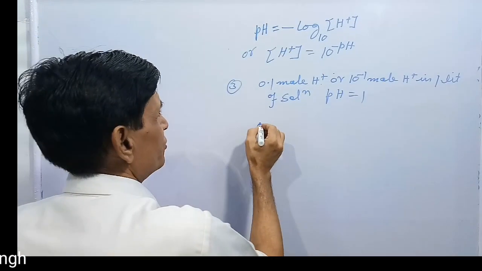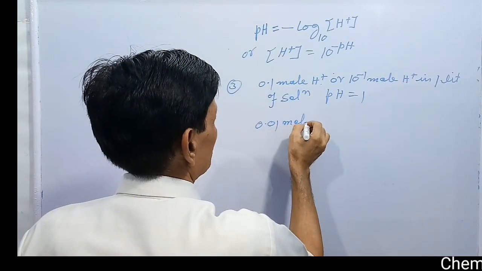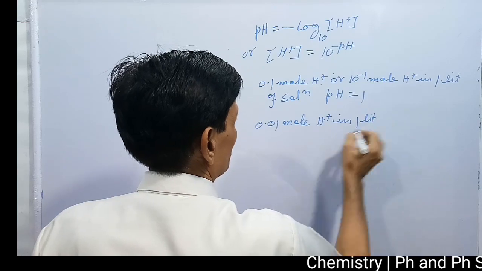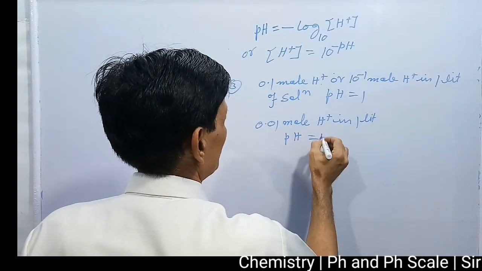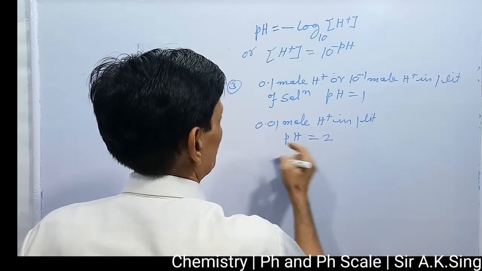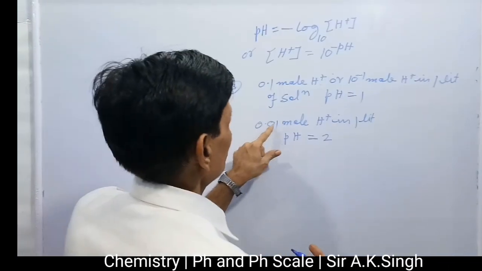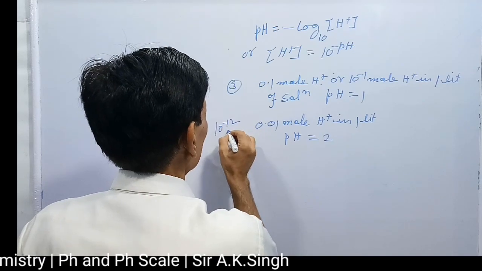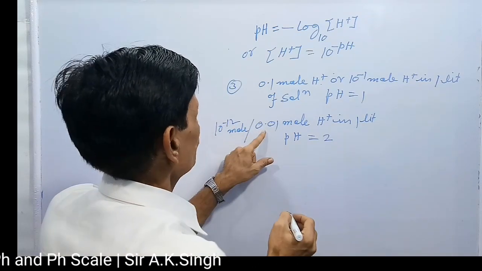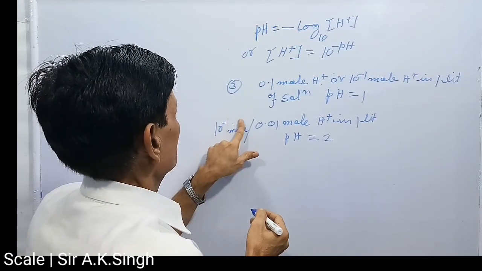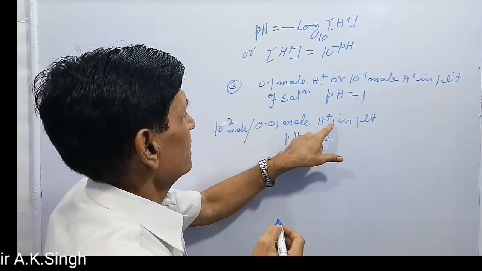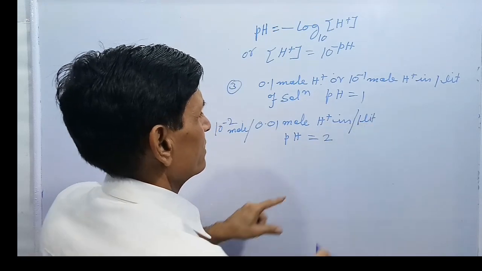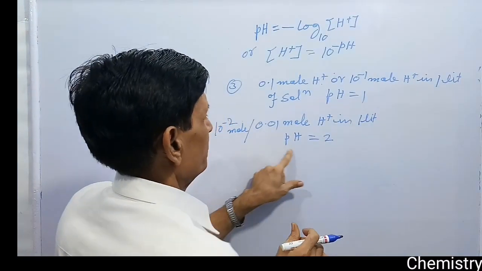Remember, if 0.01 mole, or 10 to the raised power minus 2 mole, hydrogen ion is present in 1 liter of solution, then pH equal to 2.